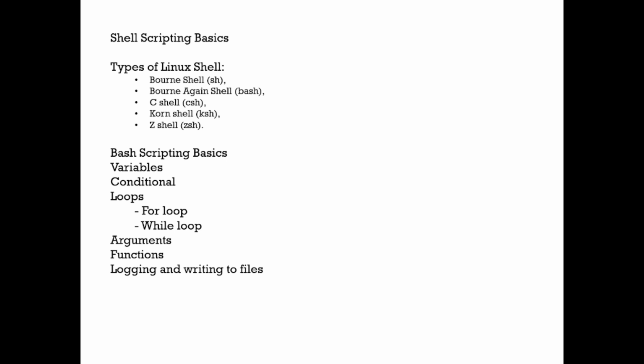Then we have different types of shells. We have the Bourne shell, the Bourne Again shell, the C shell, the Korn shell, and the Z shell. The difference in these types of shell depends on the operating system that you are using. The most common shell type is the Bourne Again shell, which we call bash. That's the most common type of shell that we interact with in Ubuntu Linux, CentOS Linux, and Red Hat Linux.